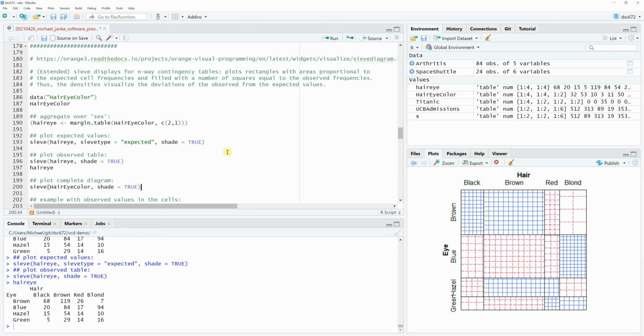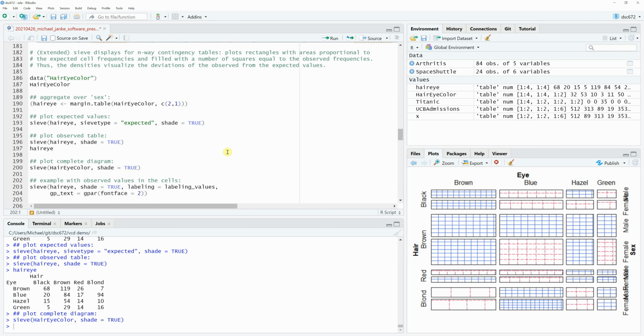Take another look at the whole complete set. That gives us an idea of gender and hair and eye color, and the boxes again are the expected values, and from the number of squares we can get an idea of the observed values, and whether they are greater or less than expected. One of the nice features is that it'll actually give us counts.